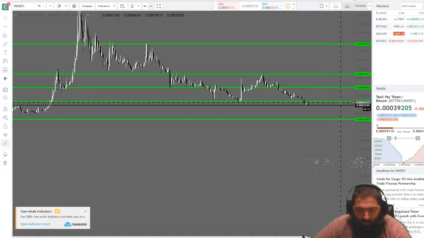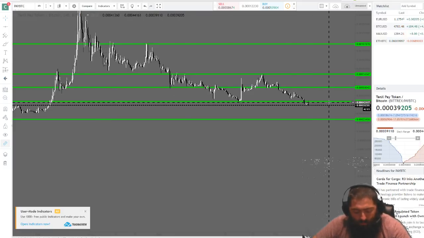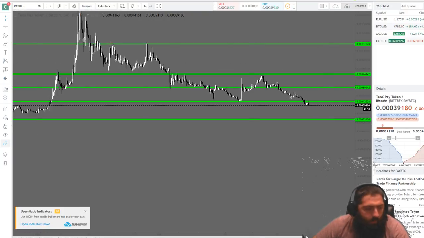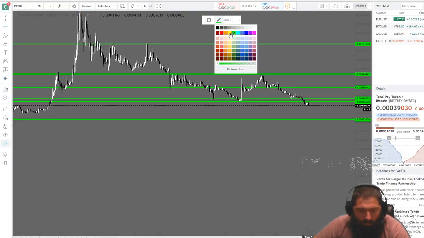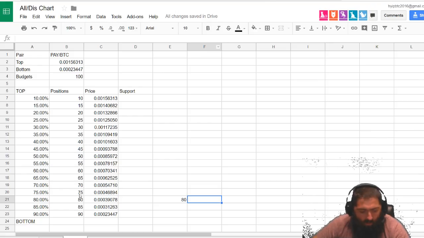If the price shoots up to 46,894, so if the price comes up to right there at that yellow line, I'm going to come back over here to my chart and I'm going to sell off 5 of my positions.